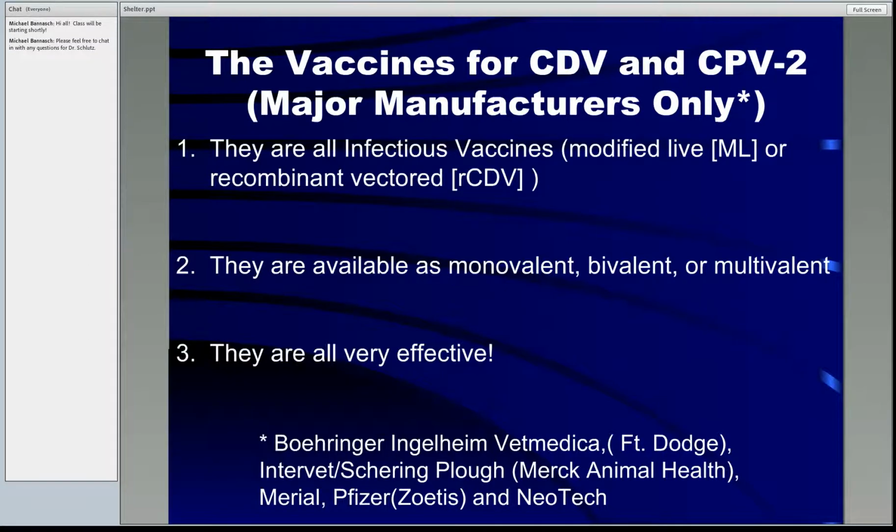And I know if you were counting, that's only four. But the adeno actually provides immunity against two viruses. Adeno 1, which is capable of causing infectious canine hepatitis, a very important and very severe disease that for the most part in the United States, we have eliminated that particular virus through vaccination.